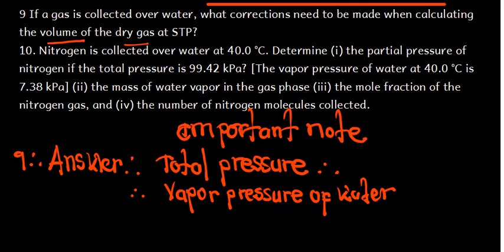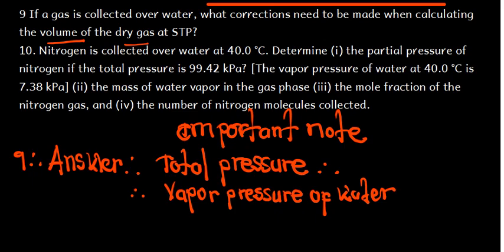Okay, then we're going to subtract the vapor pressure of water so that we can have the dry gas, because there are residues of water appearing in that total pressure in that dry gas. So we need to subtract the vapor pressure of water from the total pressure. So these are the most important things that we have to get when we are trying to calculate the volume of the dry gas at STP.